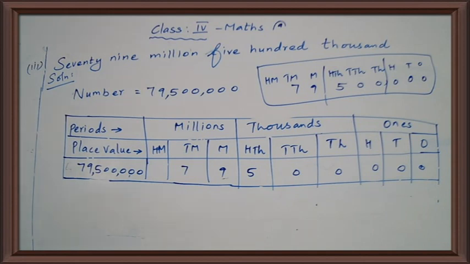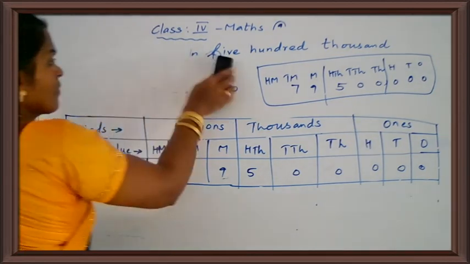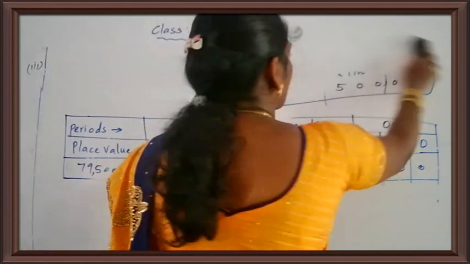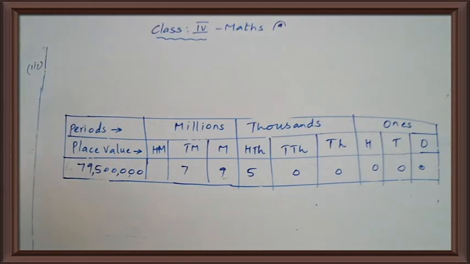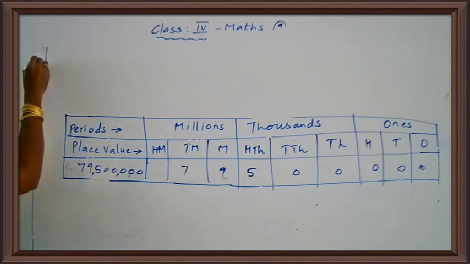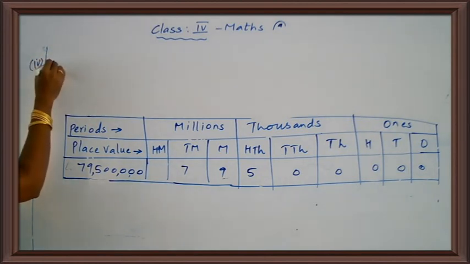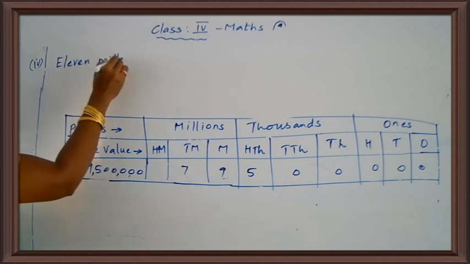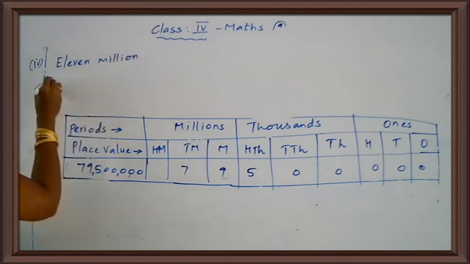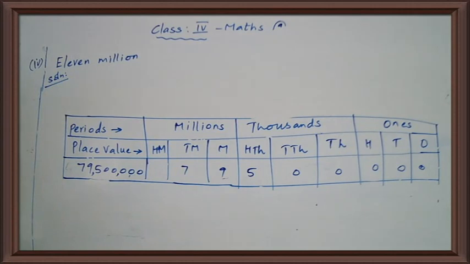Now, the fourth question. 11 million. Okay, your question is 11 million.